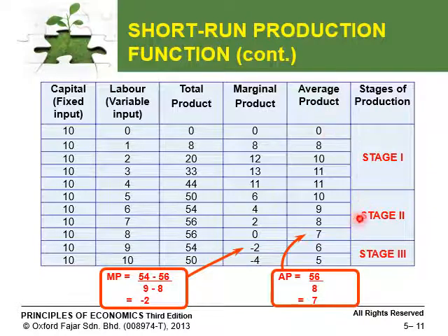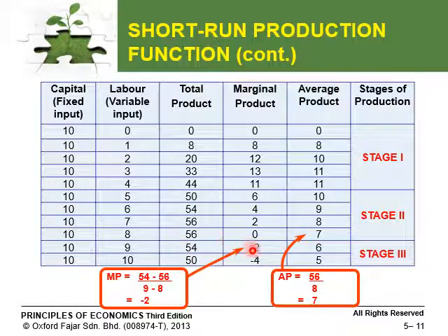So there are three stages of the short run production function, which tell you different situations in short run production. This is how you calculate or measure the marginal product: subtract the previous total product from 54, and divide by the difference in labor, or variable input, which is 9 minus 8.